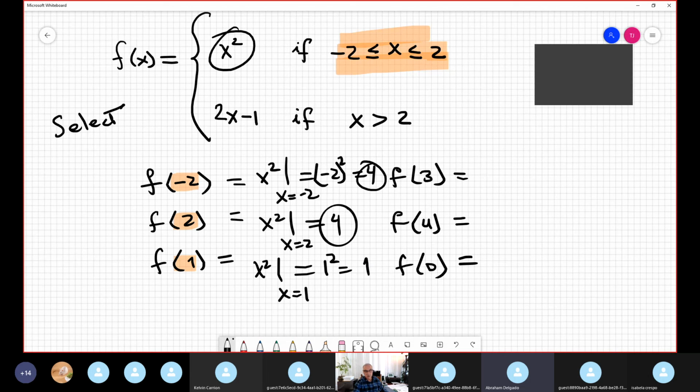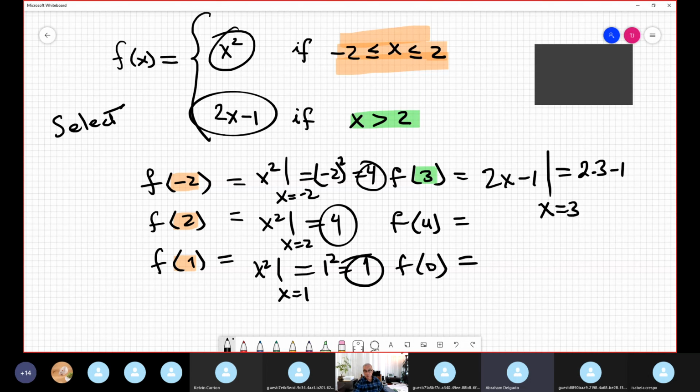Answer 1, answer 2, answer 3. And 3 is different. 3 belongs to this interval. Therefore, the selection is this expression. Is 2x minus 1 such that x is 3. Plugging in 2 times 3 minus 1. 2 times 3 is 6, minus 1 is 5.